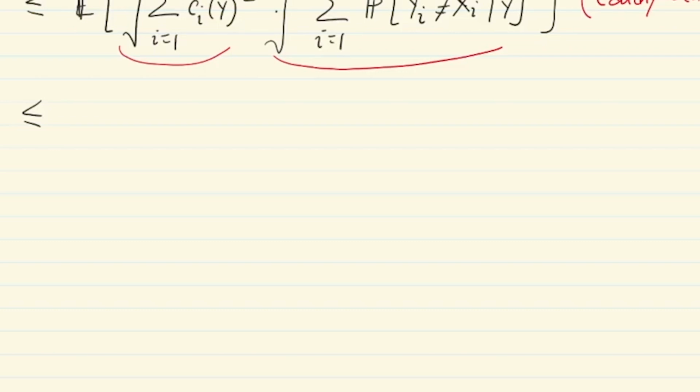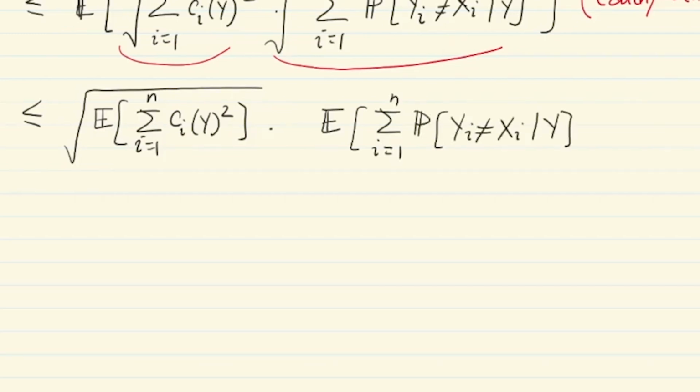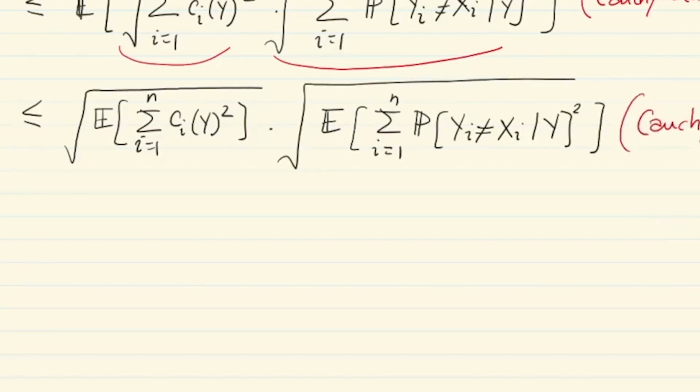So formally this just becomes the square root of the expected value of sum Ci y square, into another square root of the expected value of the sum of all these conditional probabilities squared. Okay, this is again by Cauchy-Schwarz in its probabilistic flavor.